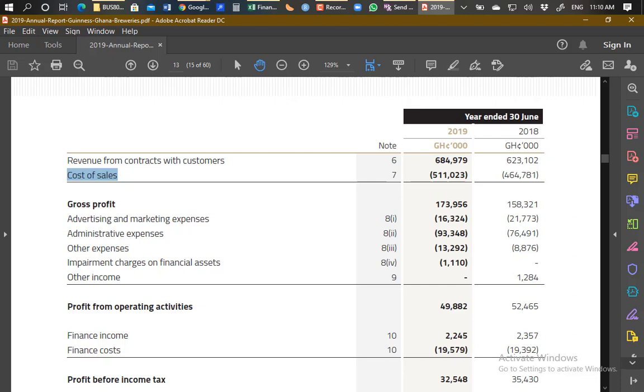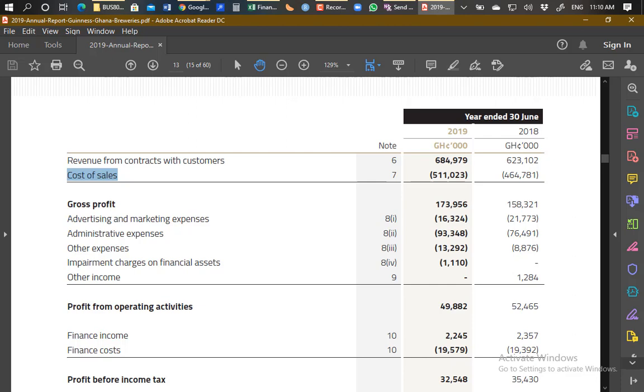But we have to pay government as an expenditure, taxation. So we may want to know how well the company has performed by itself before other external events set in.